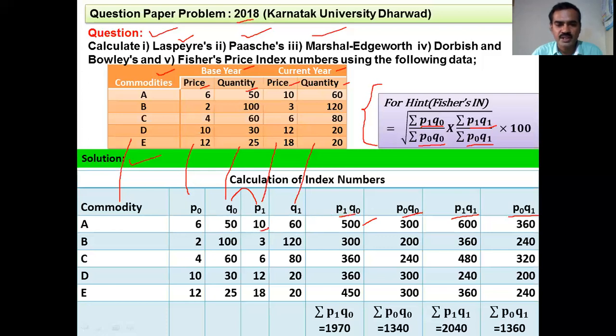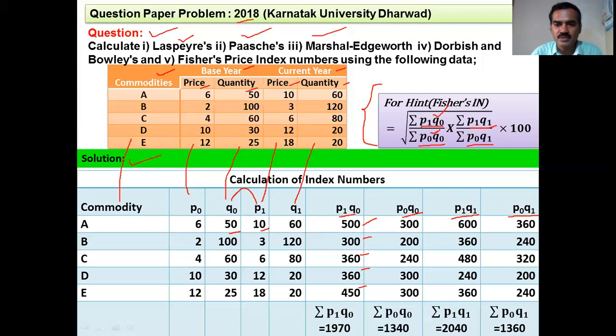P1 is 10 here, Q naught is 50, so 10 into 50, 500. Next 100 into 3, 300. 6 into 60, 360. 12 into 30, 360. 18 into 25, 450. Total it, and you will find sigma P1 Q naught is 1970.